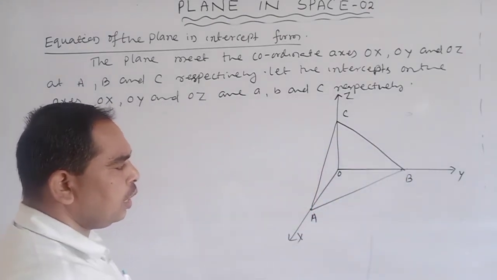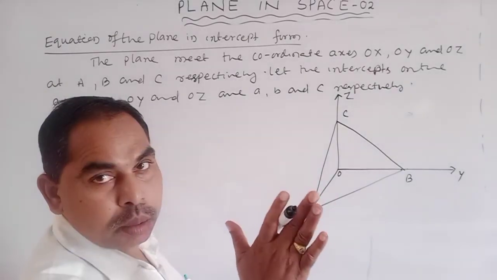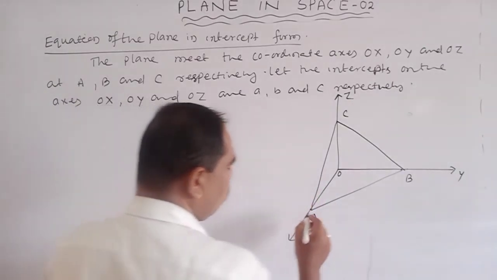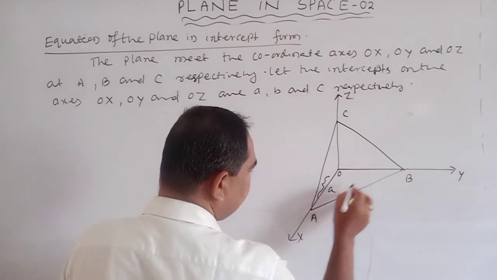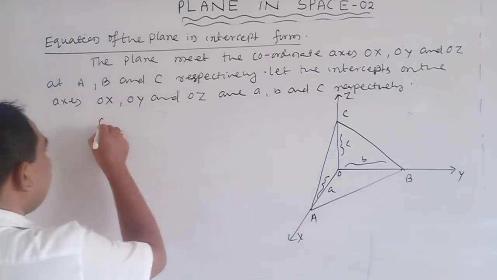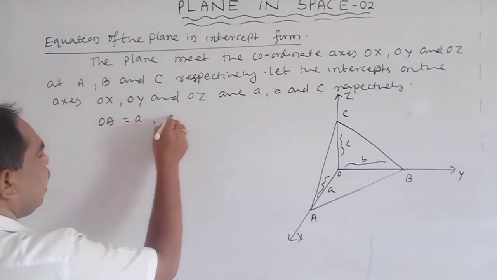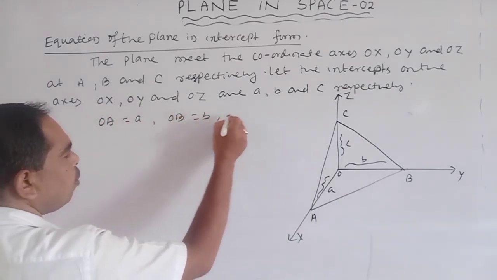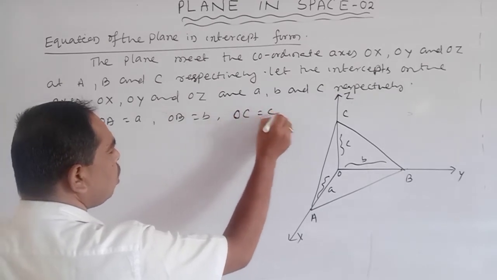The lengths are small a, small b, small c. So OA is equal to small a, OB is equal to small b, OC is equal to small c.